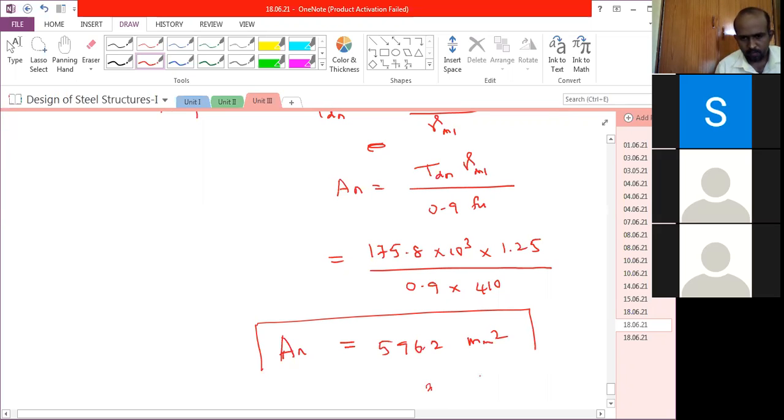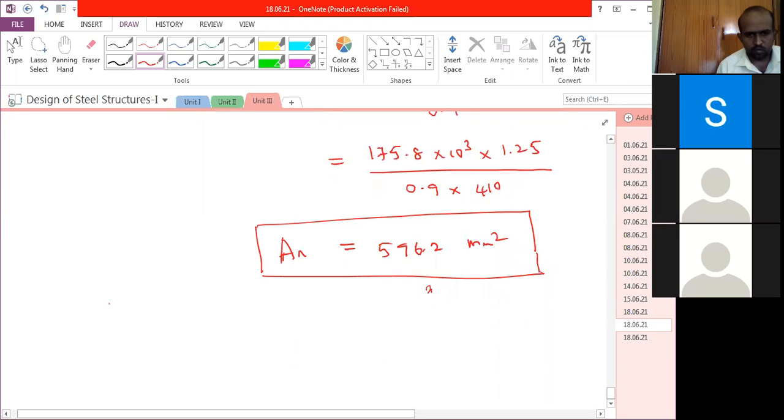So now I am going to select one section based on this area. AN we have calculated. Multiply with 1.25 to get the gross area. AG, the gross area, is equal to 1.25 times AN, 596.2.